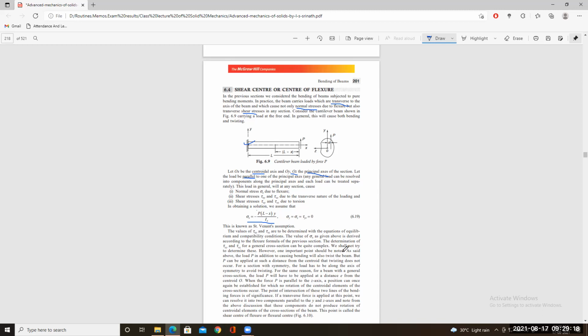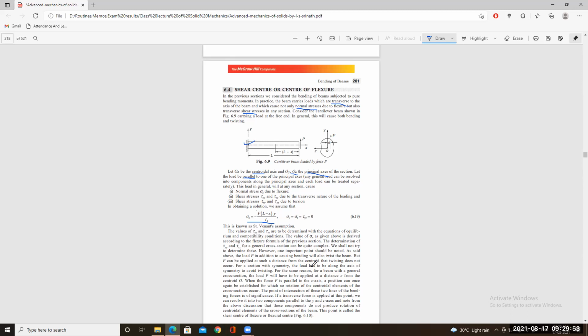The value of sigma x as given above is derived according to the flexural formula, which is shown here: sigma x = (y Iy minus z Iz) divided by (Iy Iz minus Iyz square) multiplied by Mz itself.